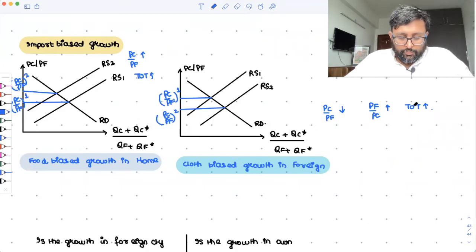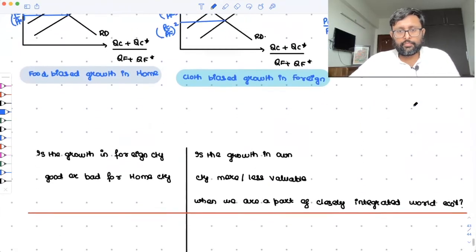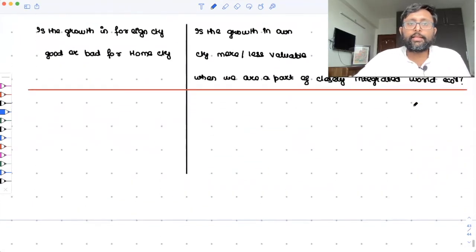So if there is a growth in the foreign country, is this good or bad for the home country? That's the question.